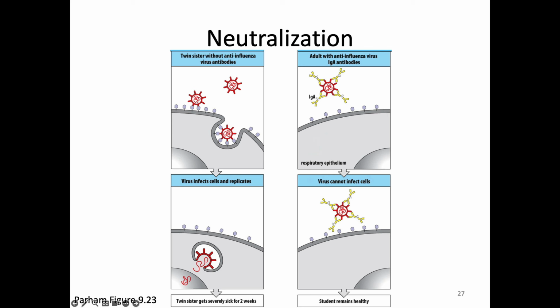But to understand neutralization, we can look at this slide that's shown here. On the left, we're seeing a situation where there is no antibody and there's no neutralization. What you can see happens is we've got this virus. It's going to bind to something on the surface of the cell.